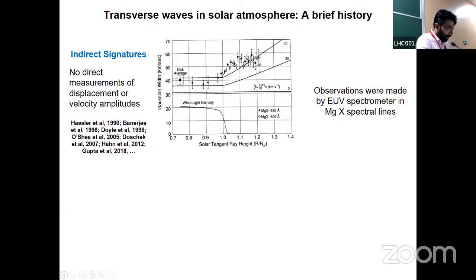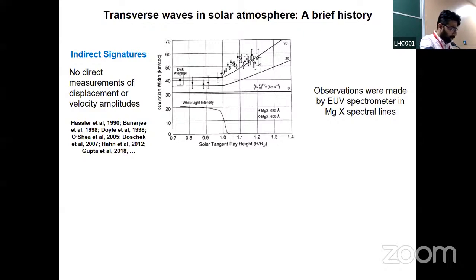And then later on, in the early 1990s, people started obtaining non-thermal line widths, and they found that these non-thermal line widths increase as one goes away from the solar limb, or moves up in the solar atmosphere. So here we can clearly see the increase in non-thermal line widths, and then they flatten off.